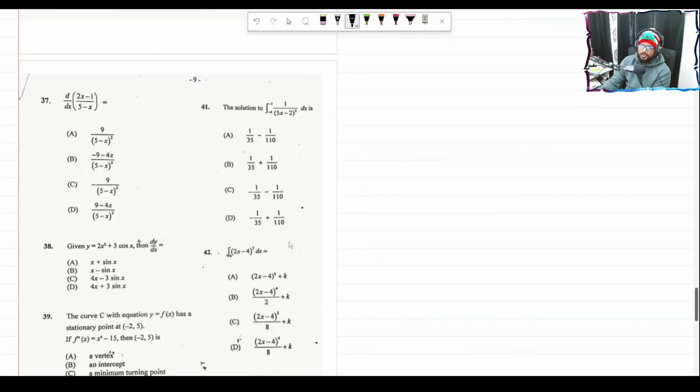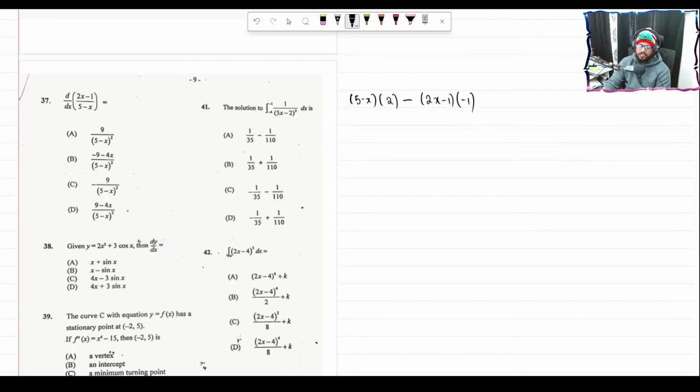Alright, seeing all of these denominators are the same, I'm not going to bother to write down the denominator for my quotient rule. So my quotient rule is v du dx take away u dv dx, all over v squared.